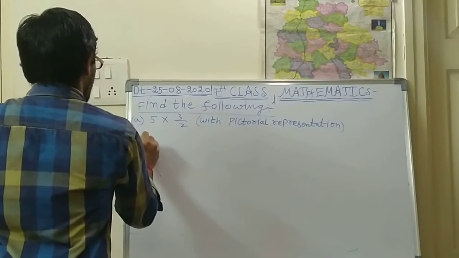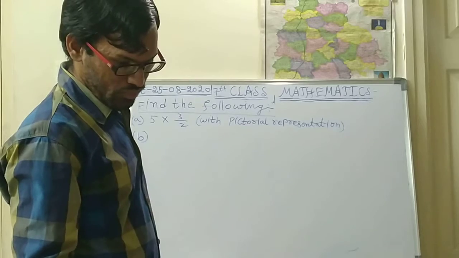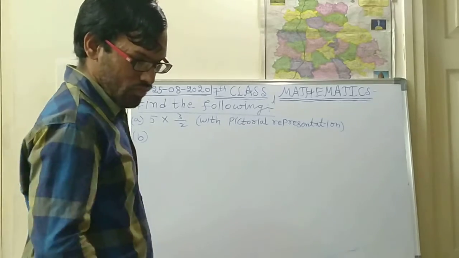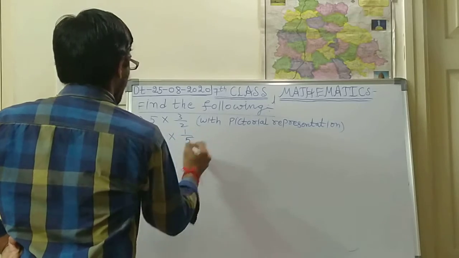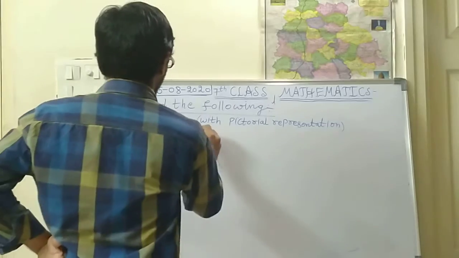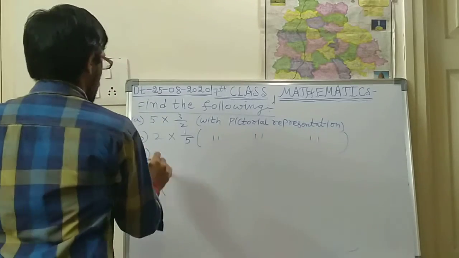Next, second one, 2 into 1 by 5, same with pictorial representation.